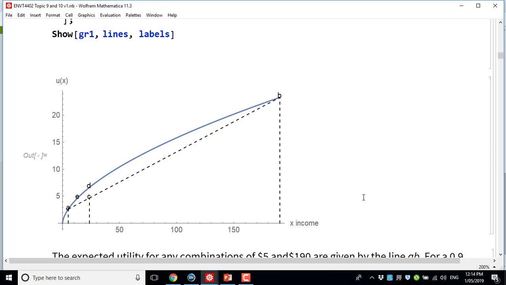So this is 190. This is fine. And then we say that our expected utility is somewhere here. And then okay, let's check the code.